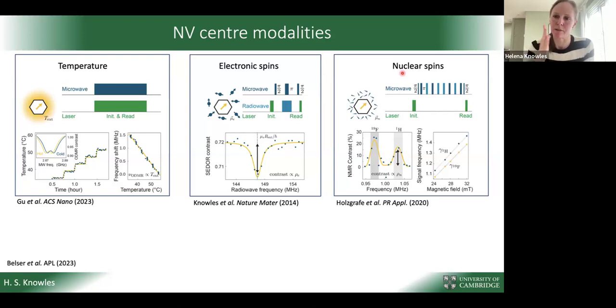All you need to do is match the periodicity of these pi pulses with the Larmor frequency of the nuclear spins. If you do that, you're again introducing noise selectively from that particular nuclear spin species, and you can see a decoherence in the NV center readout. And so you can distinguish between different nuclear spin species.